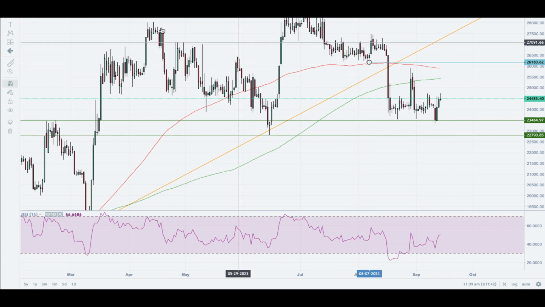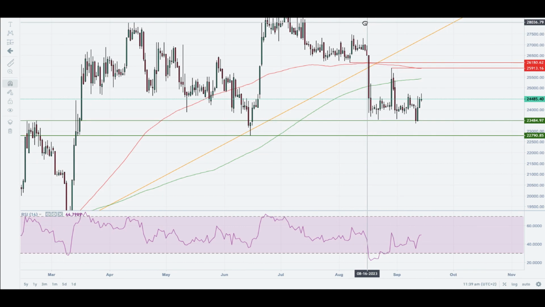The nearest technical resistance, let me put it in red, 26,180, has not been tested, despite the fact that it was violated viciously in one day during this candle, right? The other technical resistance is the local swing high, 25,913. So this is another very interesting zone for the bears.